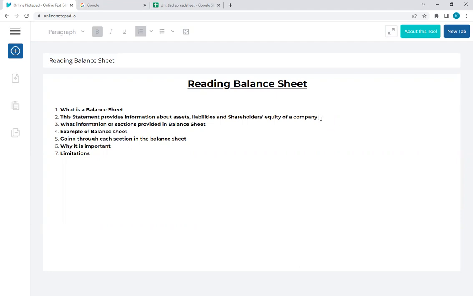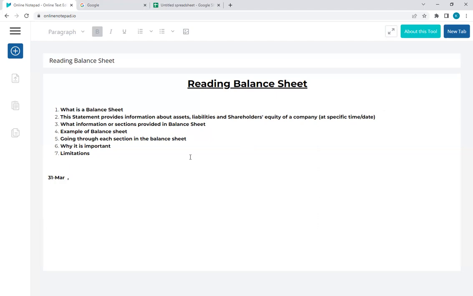That means it is given at a specific time or date. Assume that a company releases the balance sheet on 31st March.